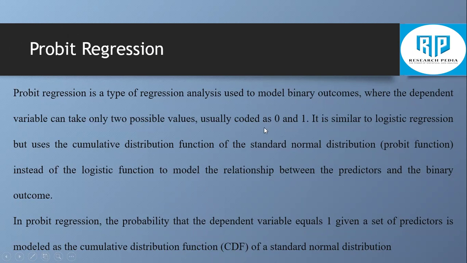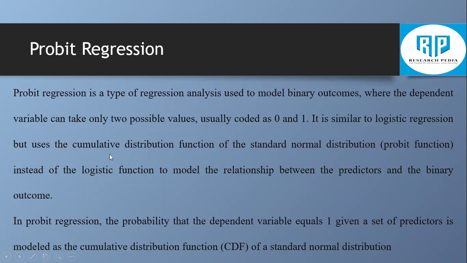The basic difference is that it uses the cumulative distribution function, while simple logistic regression uses the logistic function. So the basic difference lies in the usage of the distribution function.